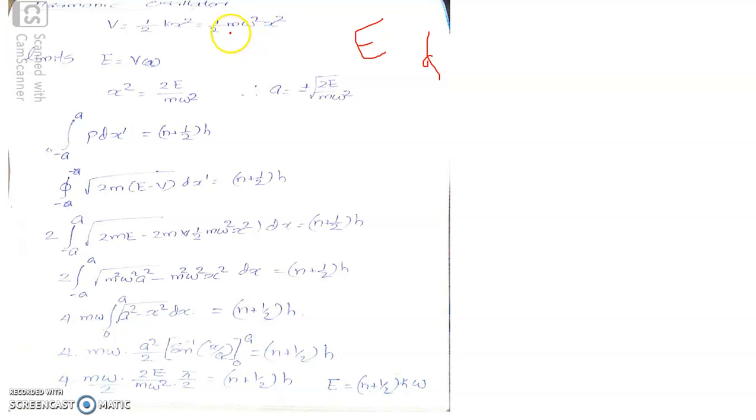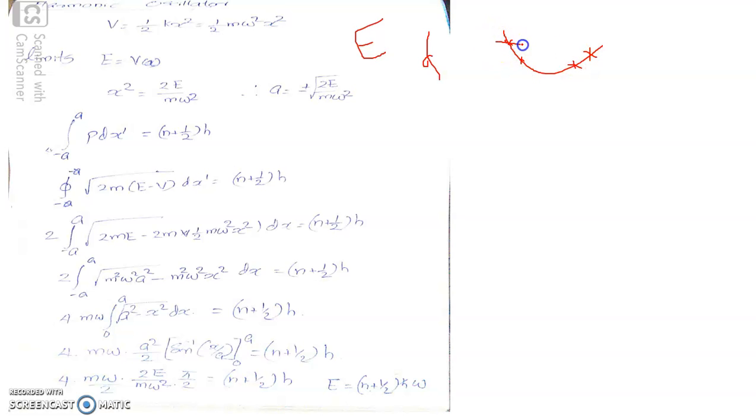As this potential is half kx square, it represents, say, two different points having the same potential symmetrically on both sides of this equilibrium position. There can be a couple of points having the same potential energy, as this curve is a parabolic curve.